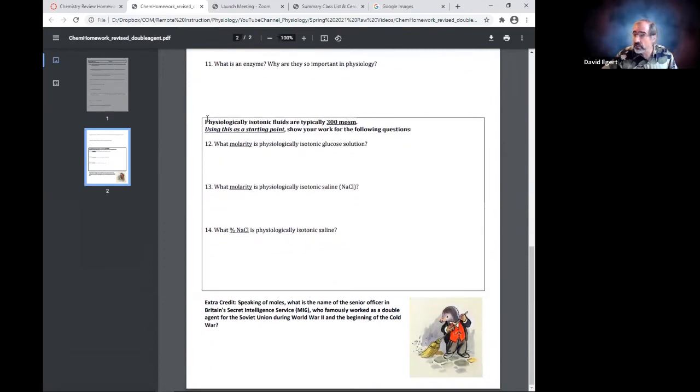This includes some of the same stuff we've been talking about. Given that physiological fluids are 300 milliosmolar, what is the molarity? If I wanted to find the molarity of physiologically isotonic glucose, how would I do that? We could use dimensional analysis again, like the other way we were just doing, except we wouldn't have to go as far because we're still staying in moles.